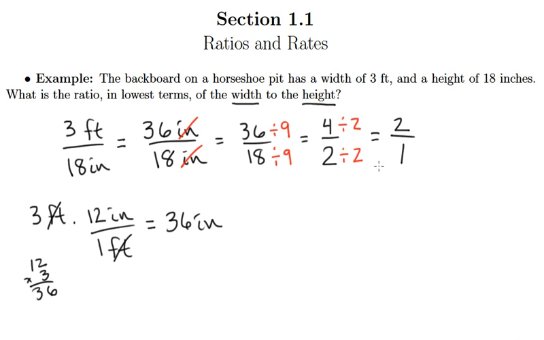Because by definition, a ratio is a comparison between two numbers. So we need a top number and a bottom number in order for it to be a ratio. So even though in most instances this would not be a simplified answer, in this case it is. So we would leave it as 2 over 1, or 2 to 1.